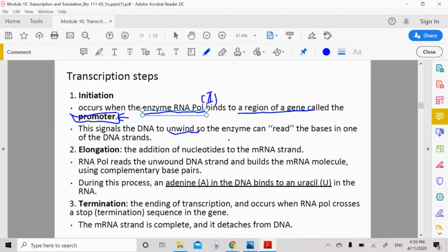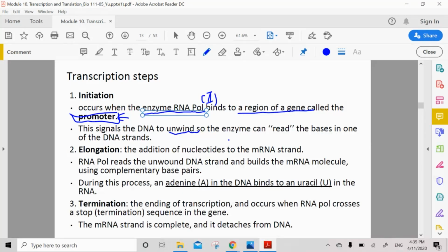Now for elongation, like I said, this is pretty straightforward. The RNA polymerase is synthesizing the new strand, so the strand grows longer and longer, and all the new nucleotides, the raw materials, will be added to the 3' end. The 3' end keeps growing.